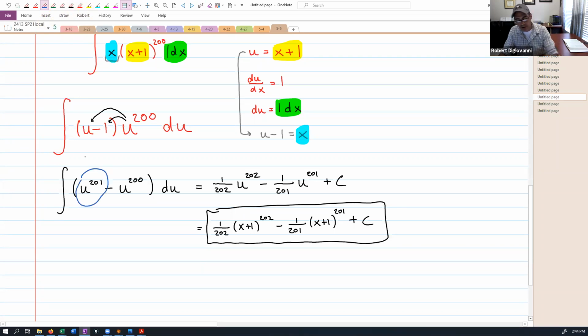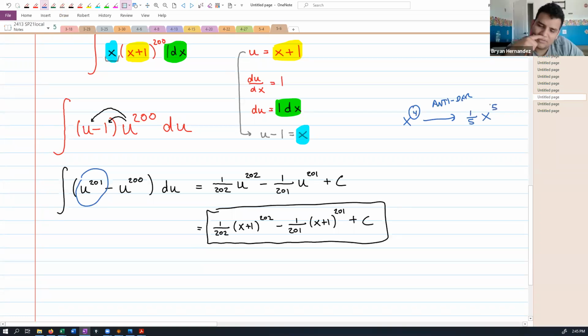It's like when we had x to the 4th: the antiderivative of that, you look at the power and add 1 to it, so that's 5, and you put 1/5 x to the 5th. I'm doing the same thing, but it's u instead of x, and the power is 201 instead of 4. So I just added 1 to it, 202, and then 1 over 202 out here.